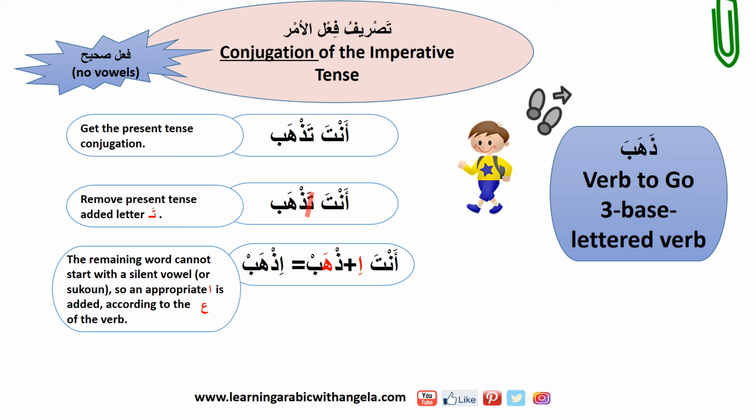And then we remove the present tense added letter, which is the ta. So we cross it out. So we're left with أنت ذهب. But remember, we cannot have a word that starts with a silent vowel or with sukoon. So an appropriate vowel has to be added to همزة الوصل. So أنت اذهب. And I'll explain in a bit how we can remember whether it's a kasra or dhamma or fatha.